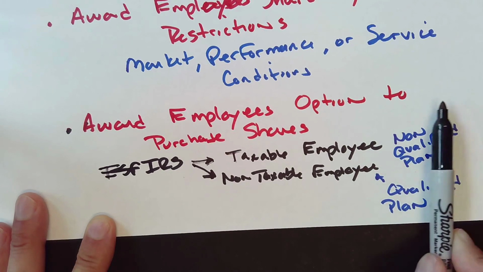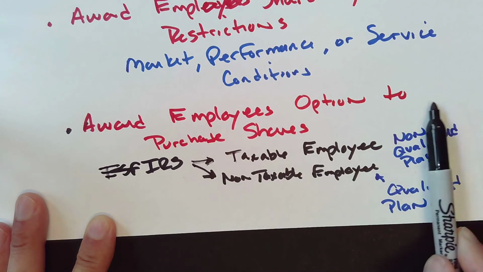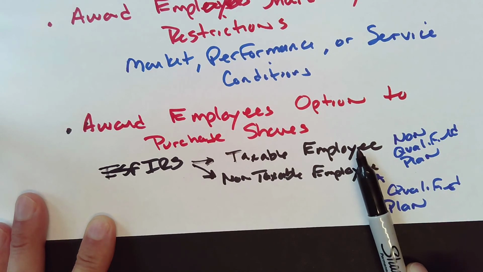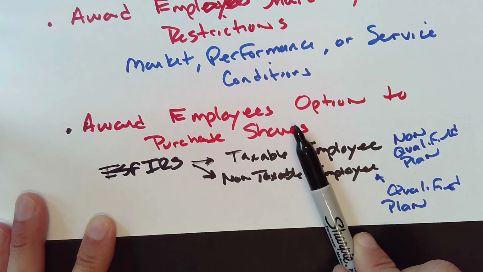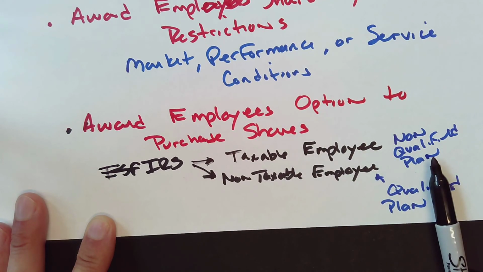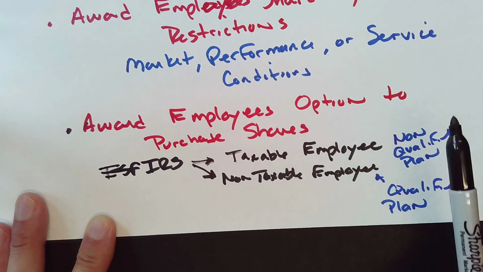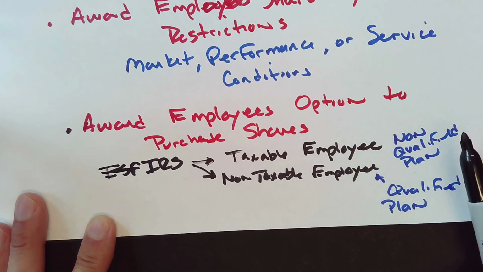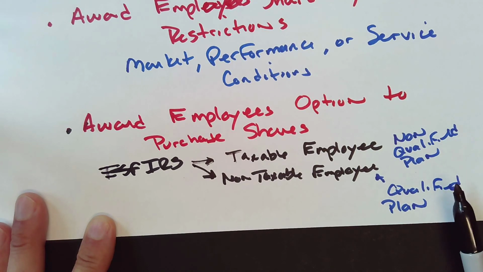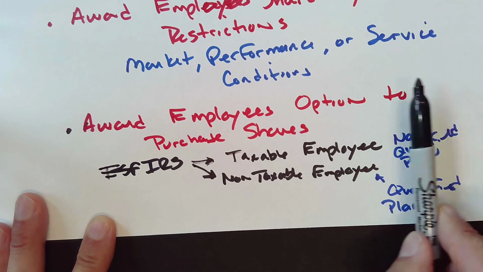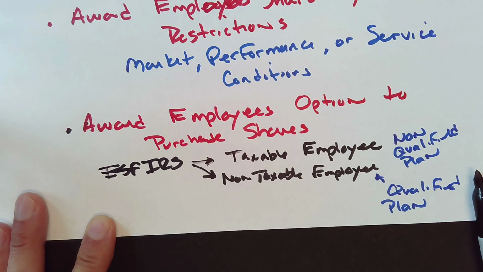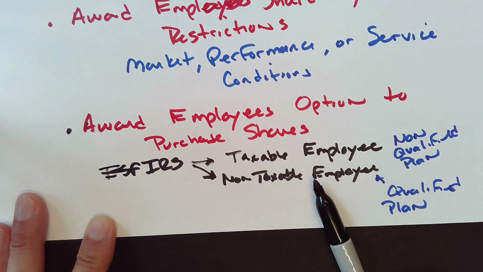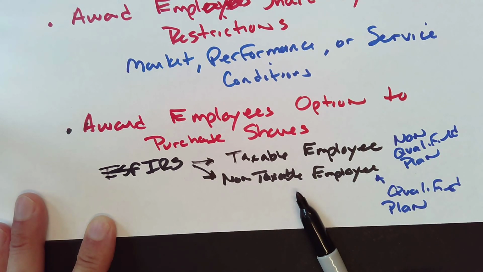If it's a non-qualified plan, we don't get to take the deduction until the employee exercises the option. So then this becomes a deferred tax asset. And I'm not going to go over in detail deferred tax assets and permanent differences because you've already had that conversation in your previous class. But if you'd like some more clarity, just ask about it in class.